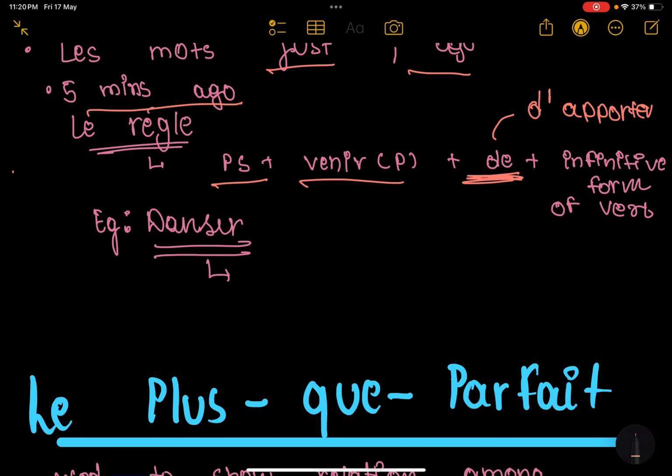So if you don't know venir conjugation, these are viens, viens, vient, venons, venez, and vienent, in which most of you get confused.